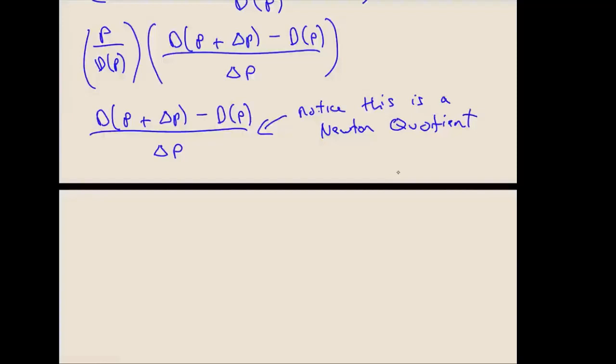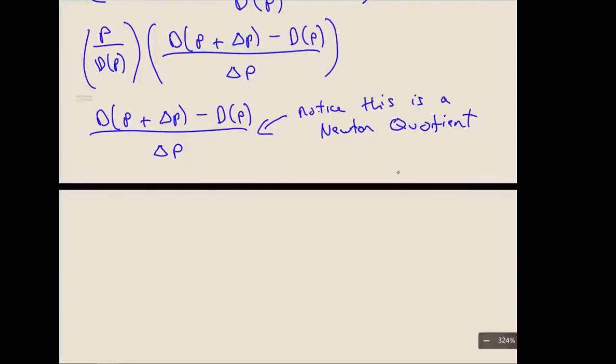And you'll remember that when we take the limit of the Newton quotient as the denominator, in this case the change in P, becomes very, very small, it gets really close to 0 but not quite at 0, we have the derivative. We find the derivative.